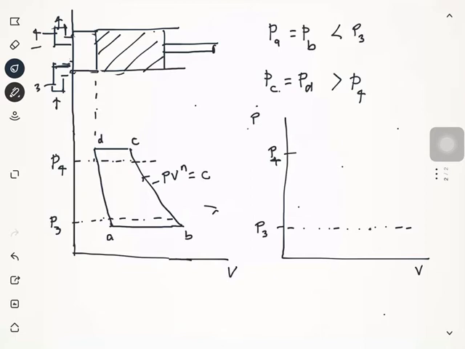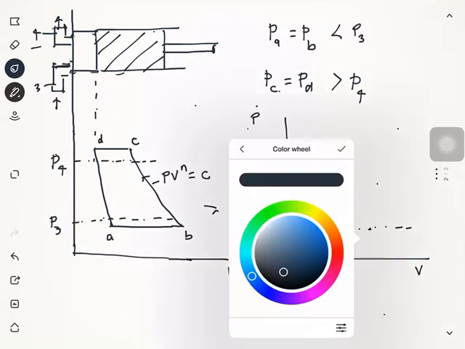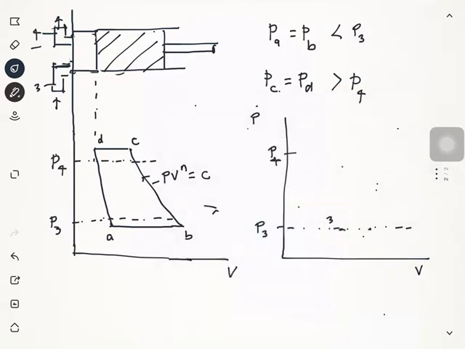For example, this is our point 3 here, and our point A is lesser than that.